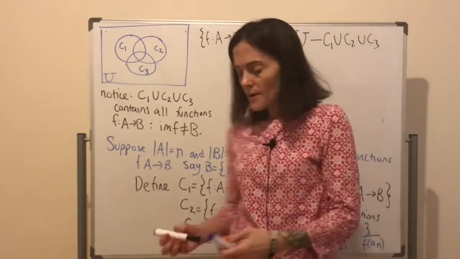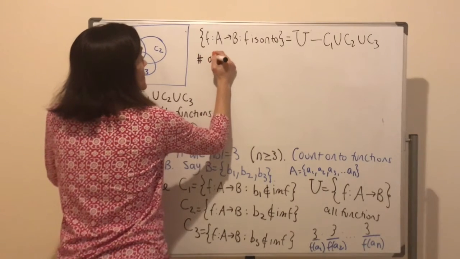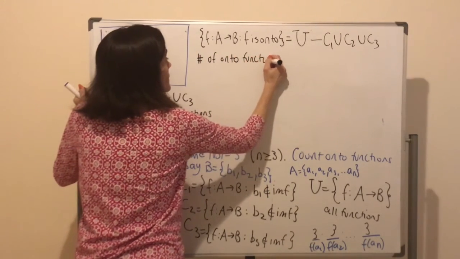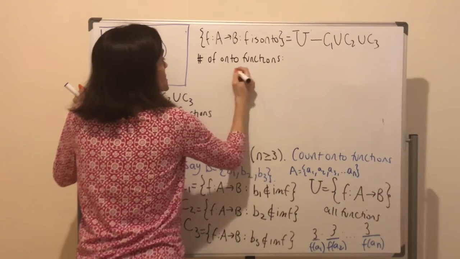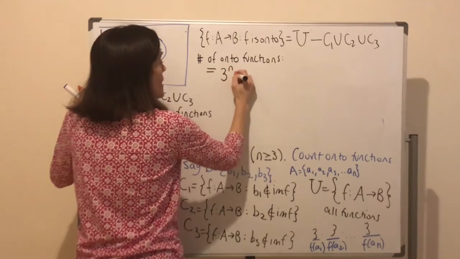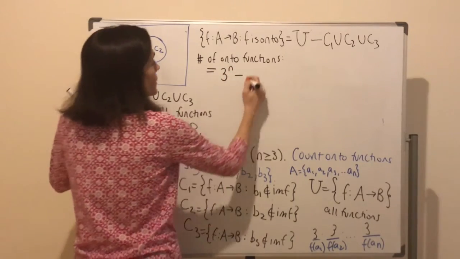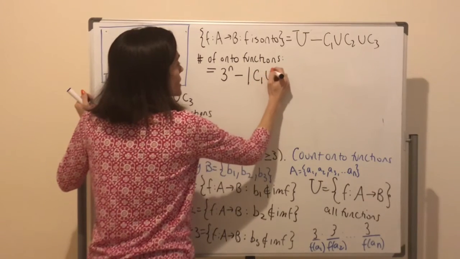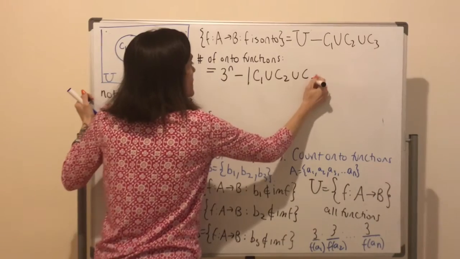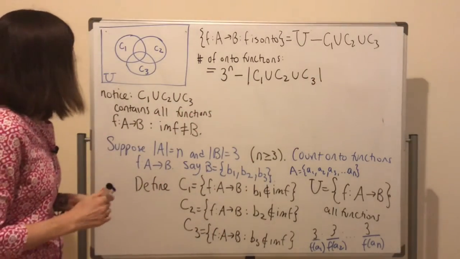So the number of onto functions is going to equal 3 to the n minus, I'll write it this way, C1 union C2 union C3. And then I need to do inclusion-exclusion on these.